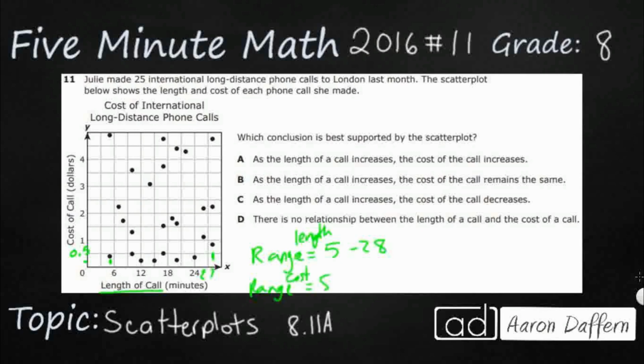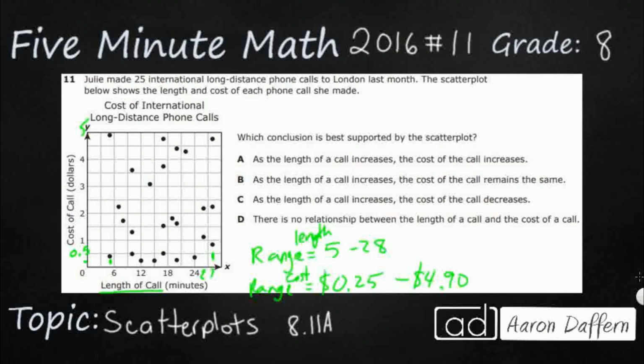Looks like we're going anywhere from a quarter, wow, all the way up to right underneath that $5, so that's your 5 right there. Maybe call it $4.90. So huge range in length and huge range in cost. And so we're looking for the relationship between the two.